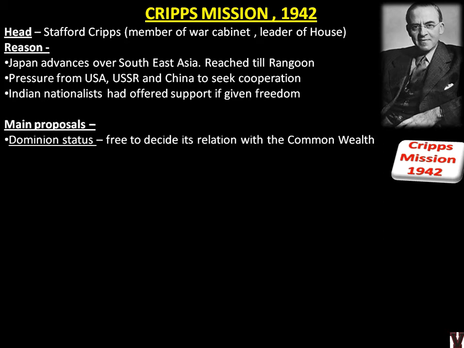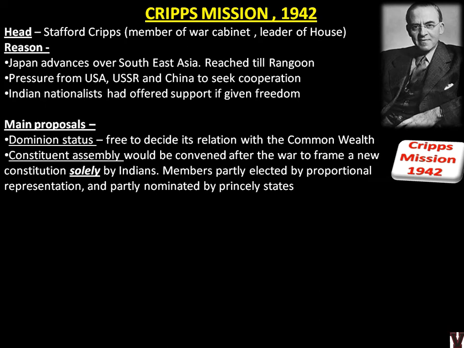So what are the main proposals? Again, dominion status, free to decide its relation with the Commonwealth, which was actually not at all needed by the Indians. Last time, if you remember, it was mentioned like a doornail. A constituent assembly would again be convened after the war to frame a new constitution solely by Indians. Last time it was mainly by Indians and now it is solely by Indians. So every member of the assembly would be Indian.